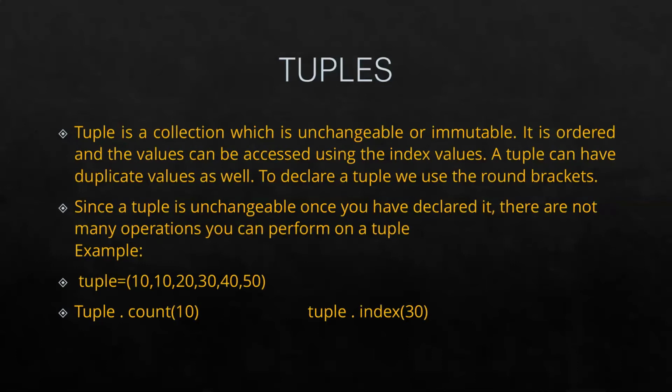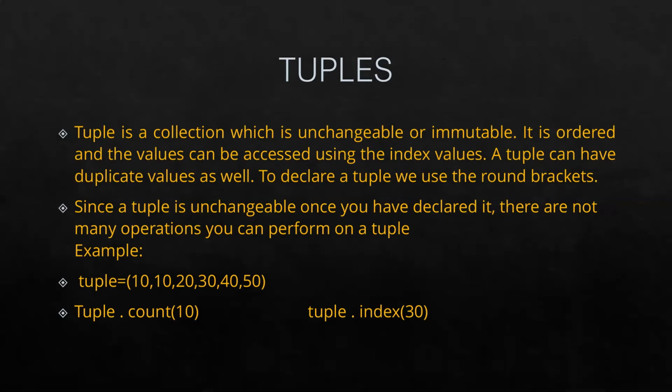So there are no operations to insert or delete values in tuples. First of all, a tuple is an ordered collection, and we can access values through indexes, as we saw in the index format of string representation in our previous slide. In a tuple, we can have duplicate values. To declare a tuple, we use round brackets.